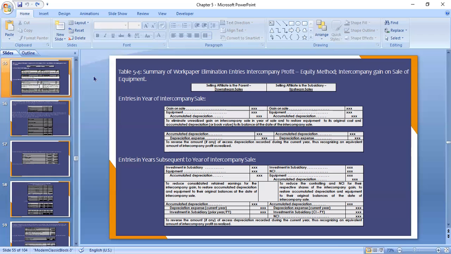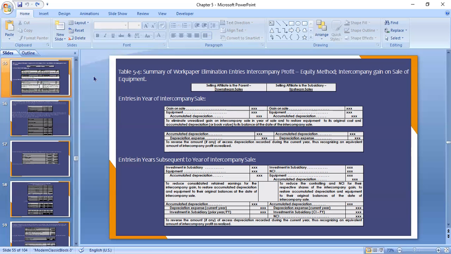So the entries in years subsequent to the year of intercompany sale. We debit investment in subsidiary, debit equipment, and credit accumulated depreciation.